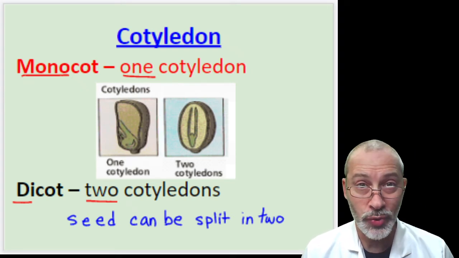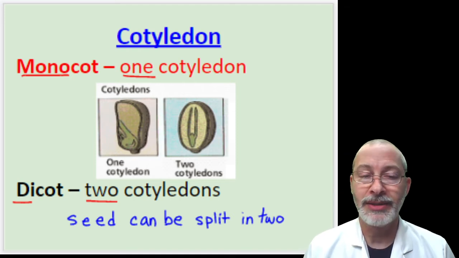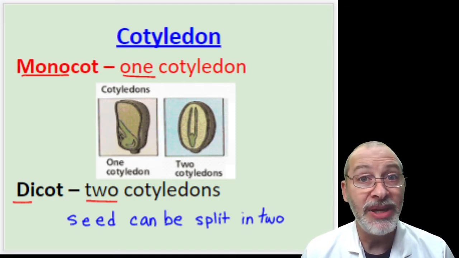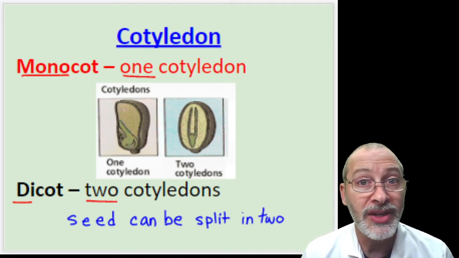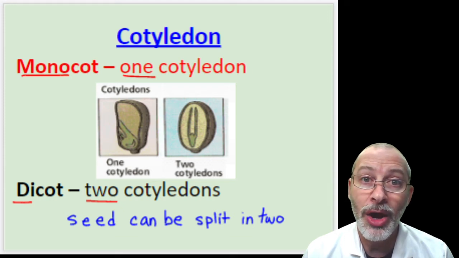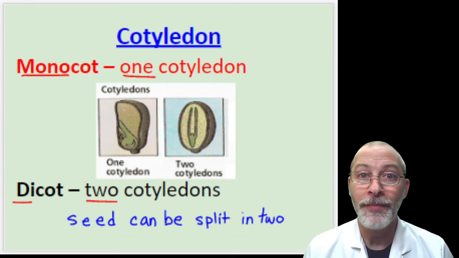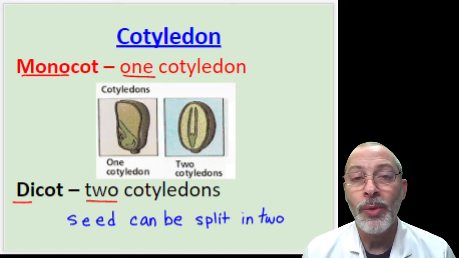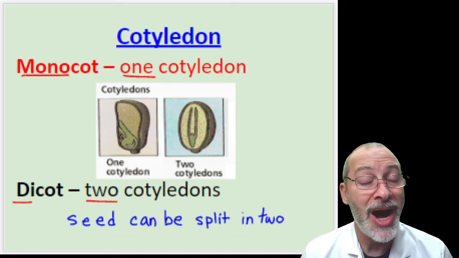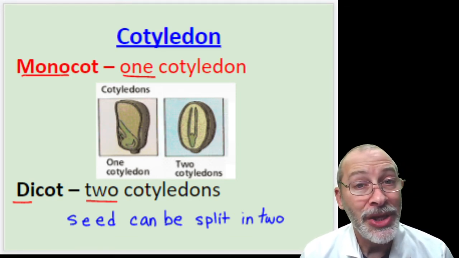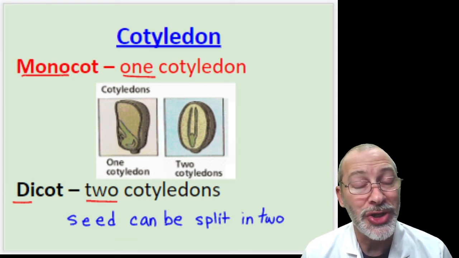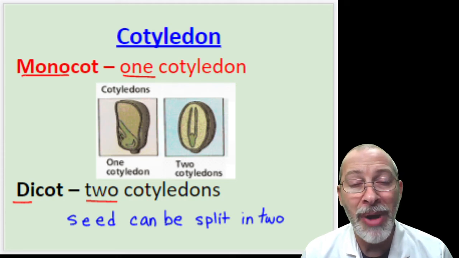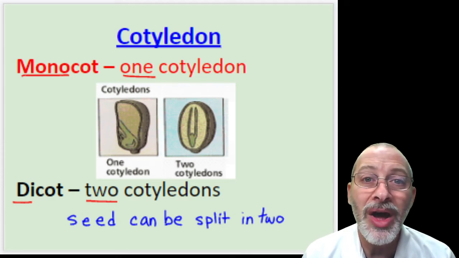Look at the first word, monocot. Mono begins with the prefix M-O-N-O. Mono. What does the prefix mono mean? You probably have a very good guess if you're just looking at our page here in our notes. Mono means one.